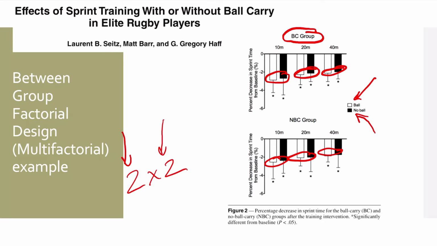So we did see improvements in all of the subjects in all of the treatment groups. However, we didn't see a difference between the treatments or a difference between the type of rugby player. So this study would tell us that we can have them train with or without the ball, regardless of what they normally do in their position, and we will see similar improvements in their sprint speed.